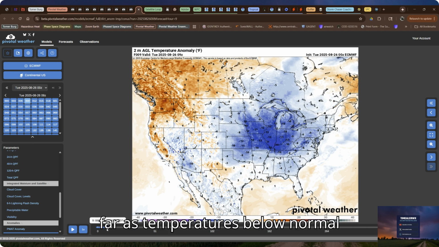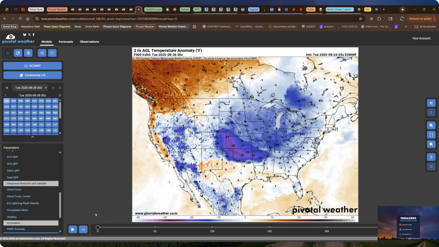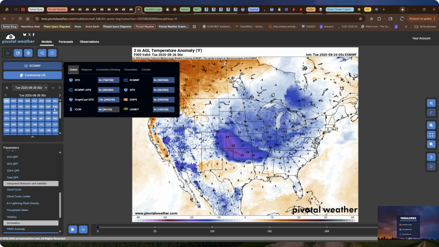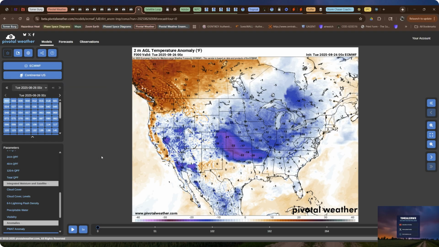As far as temperatures, below normal temps here, this just gives a good idea of the anomaly. So the deeper, darker colors, like the purples, are 20 degrees below normal.